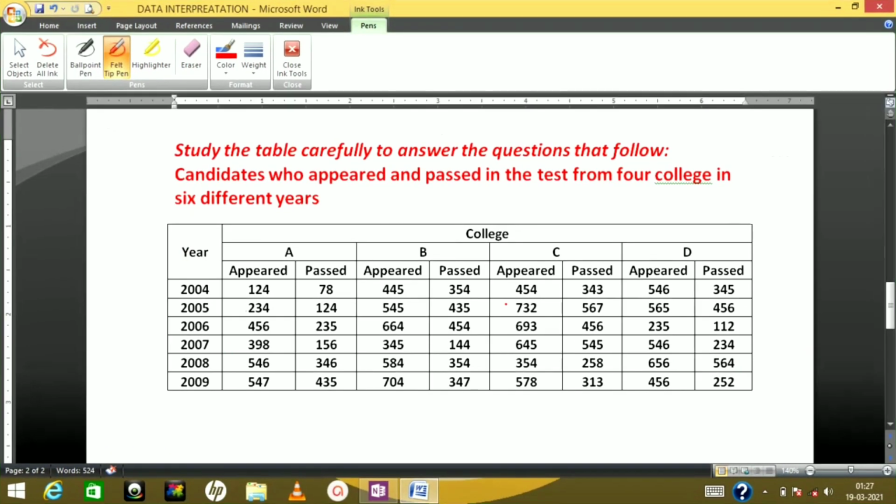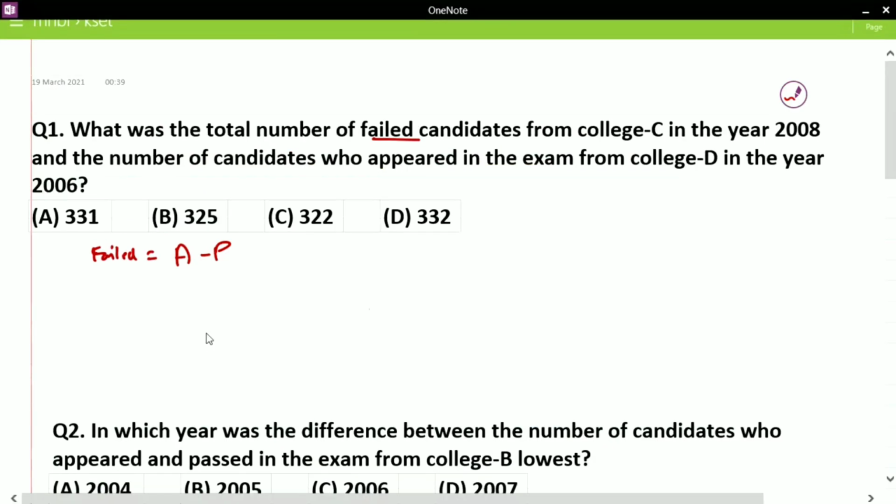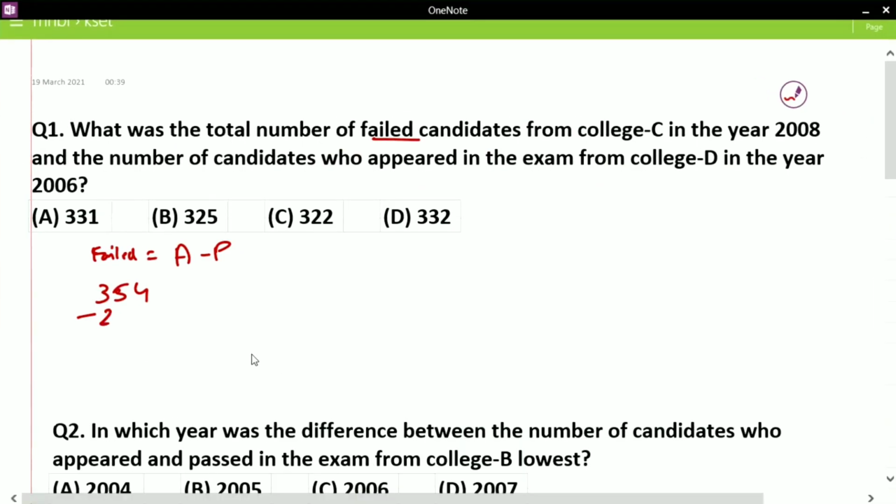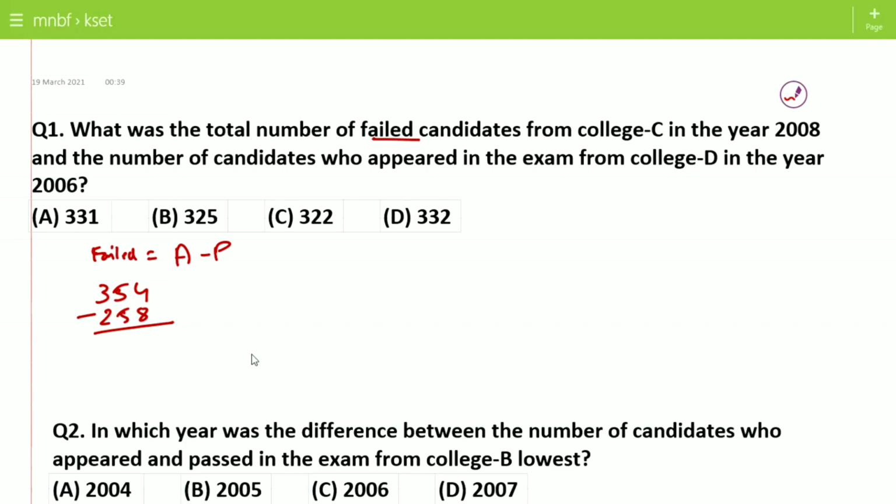In college C, students who have appeared in 2008 are 354. So 354, out of which how many have passed? 258 have passed the exam. 354 minus 258 is 14 minus 8 is 6, 14 minus 5 is 9 and 0. So 96 students have failed in the exam.